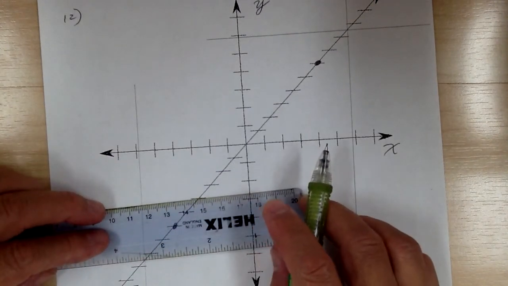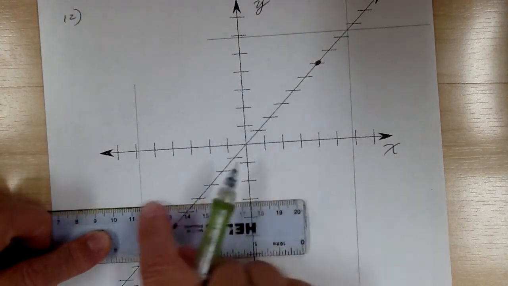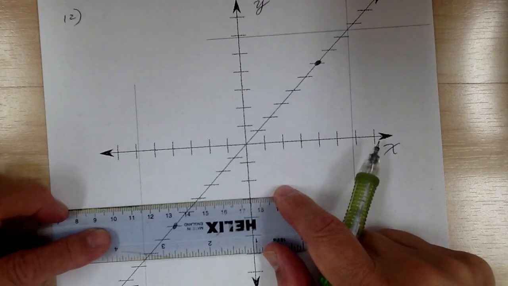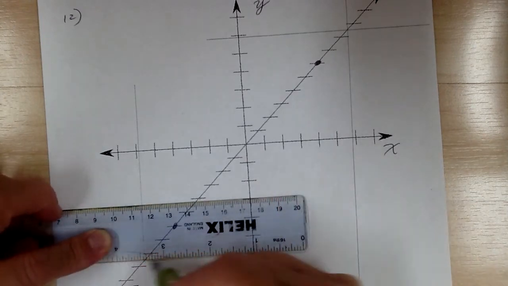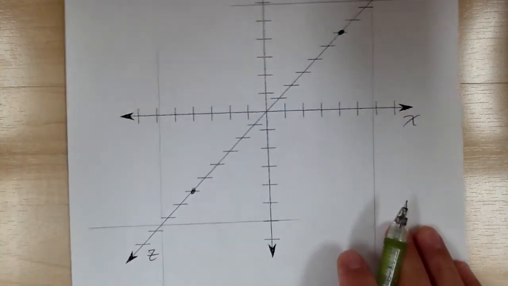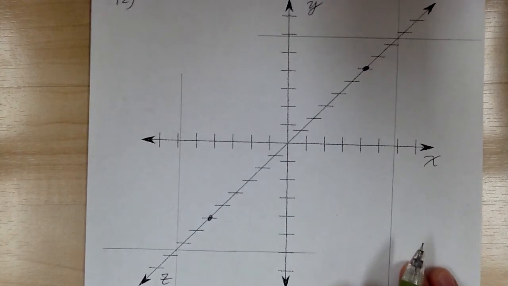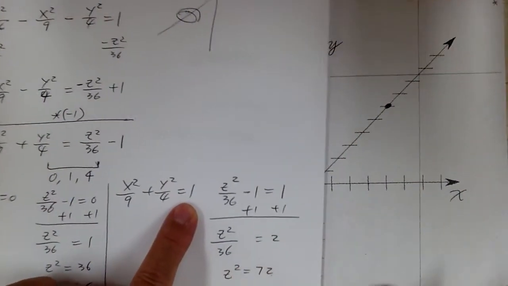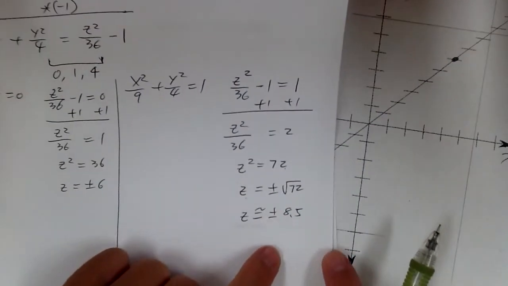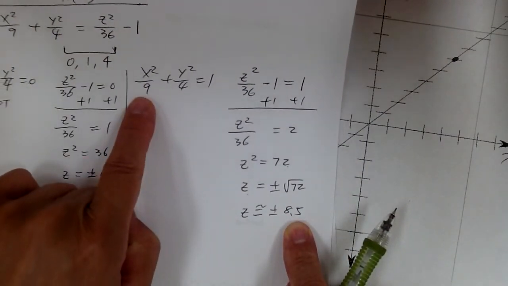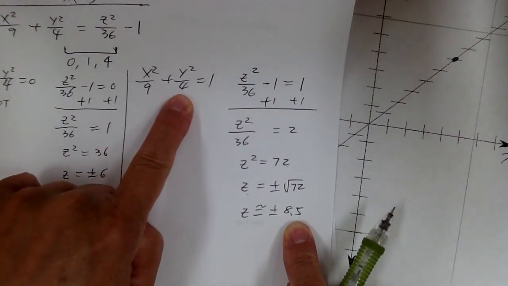Again, what you want to do is draw the new axes, and make sure you line up your ruler with the axes to get parallel lines, or else your graph is going to be kind of way off. According to these, at z equal to plus or minus 8.5, I need to go 3 in the x direction and 2 in the y direction.